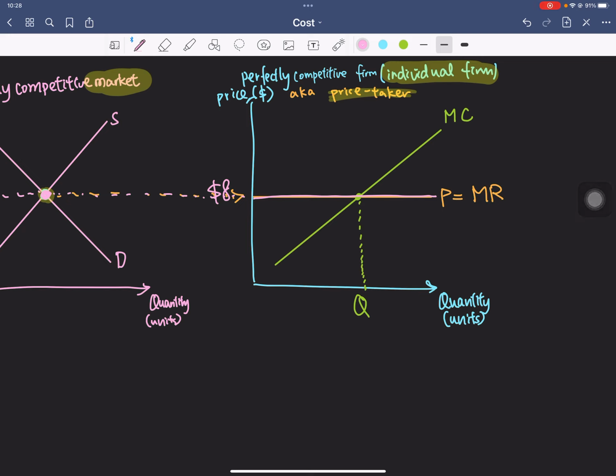The profit maximizing output level Q for this individual firm is going to be at the intersection point of MC, marginal cost, equals marginal revenue, based on our marginal analysis.